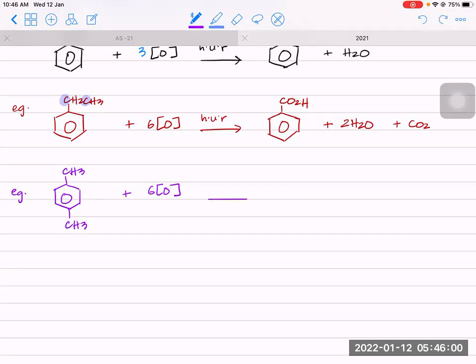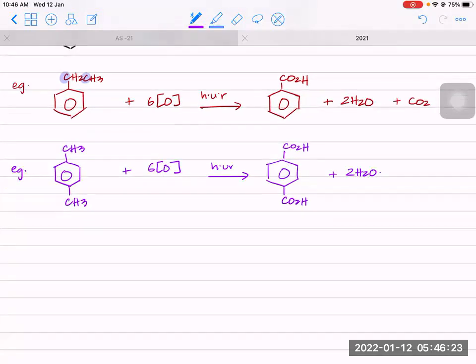You heat under reflux, and what will you get? The CH3 will become CO2H. This will also become CO2H. Each carbon gives you 1 mole of water. So 2 carbons will give you 2 moles of water. And there will be no carbon dioxide produced because the carbons are balanced. 2 here and 2 here. It's balanced.